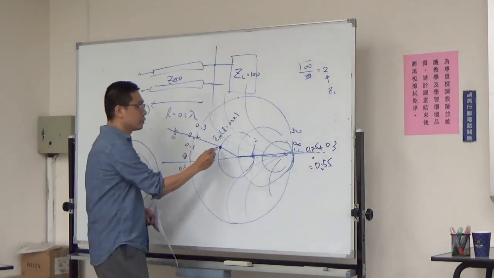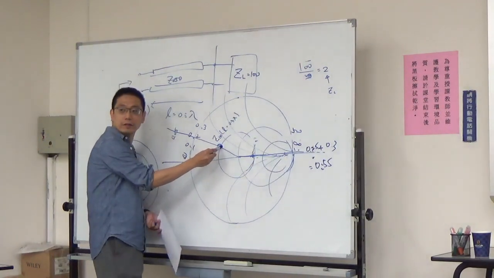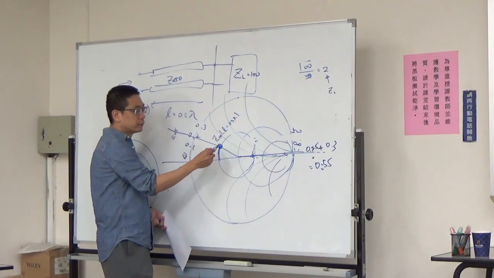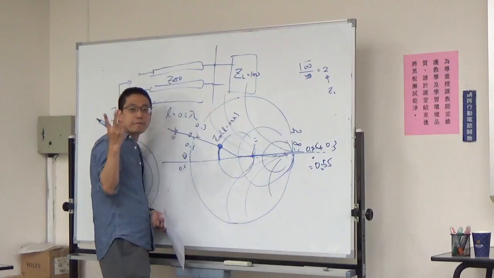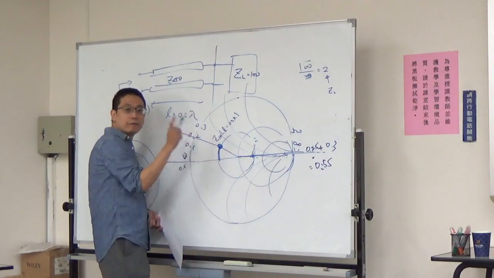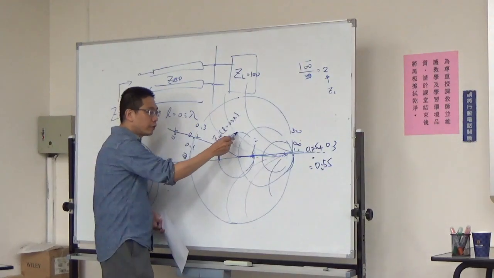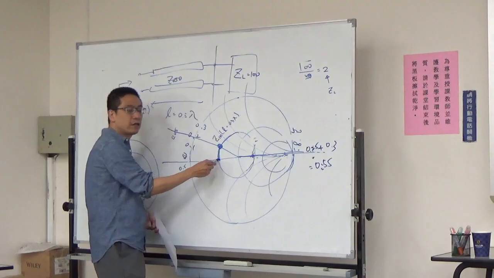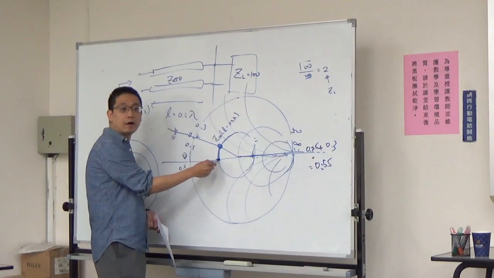So you find out the new position. There are two values of this new Z in. For the first value, go back to the axis, you will see the normalized real number, okay?